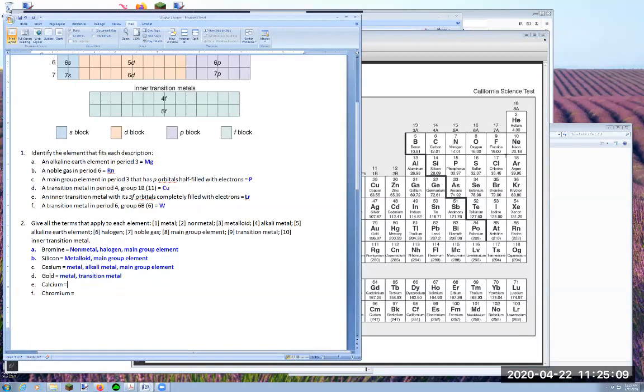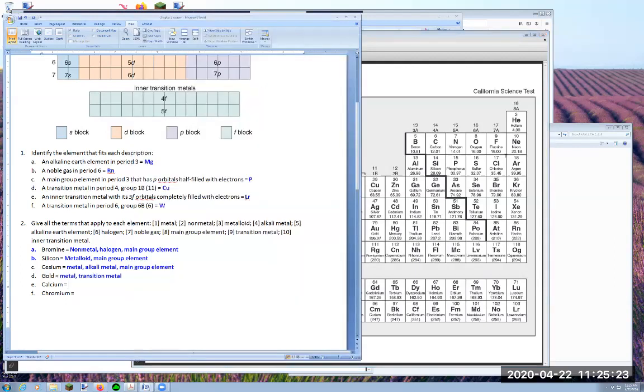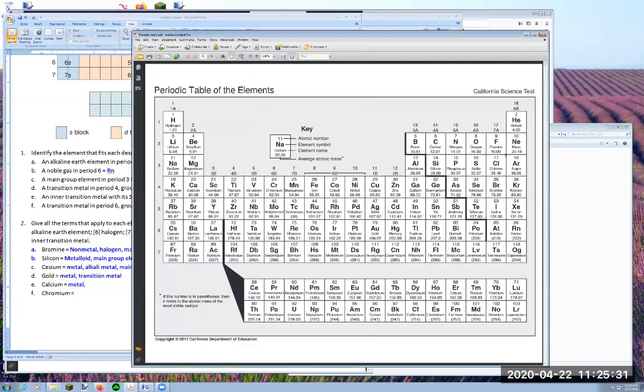Okay, let's do calcium. Calcium, atomic number 20, found on the left side of the periodic table. So that's a metal. Did you see calcium?